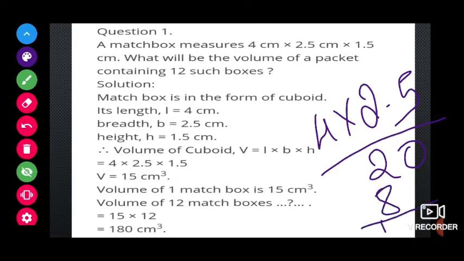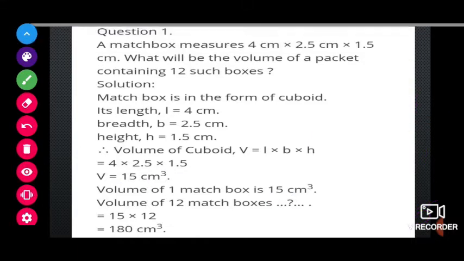Now we will get 100, and here one decimal point is there, so we get 10. Then 10 into 1.5 gives 15. So the volume of one matchbox is 15 centimeter cube. Such boxes are 12, so the volume of 12 matchboxes will be 15 into 12, that is 180 centimeter cube.